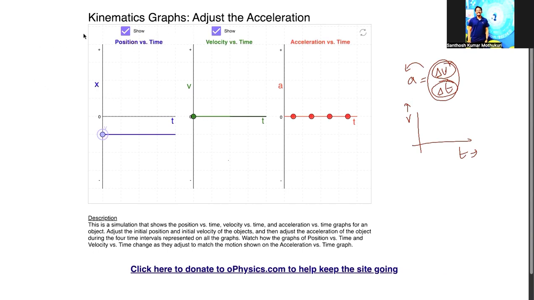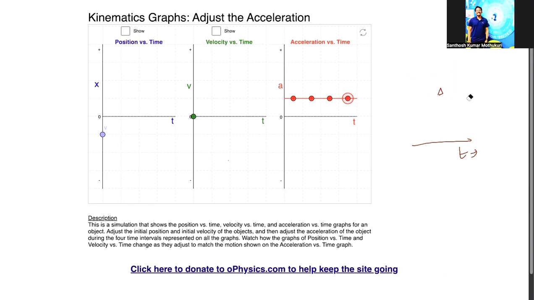Now let us check the other one in which I'm now going to change the acceleration to some positive value. So what we understand here, this acceleration is constant and acceleration is positive. Let me write here, acceleration is constant or uniform, and it is also positive because it is along positive y-axis, right?